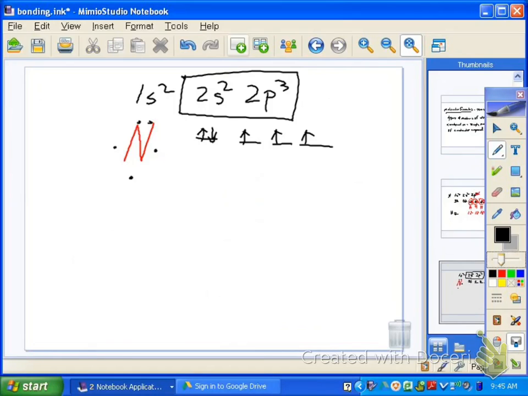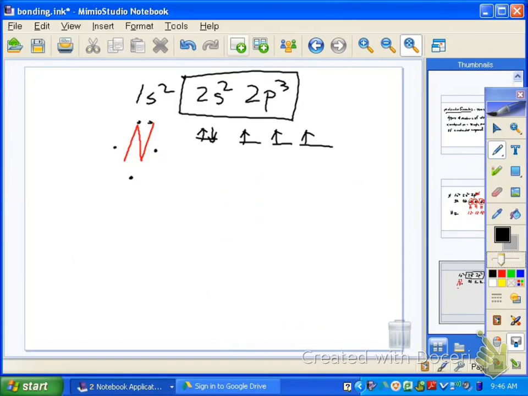So what I want you to do is practice, and I want you to see if you can come up with the correct dot notation based upon the electron configuration. Now, you guys have electron configurations written out for you for all those elements, right? You have the shorthand or the noble gas. So I'm going to give you a list of 5, and I want you to draw the dot notation around them.